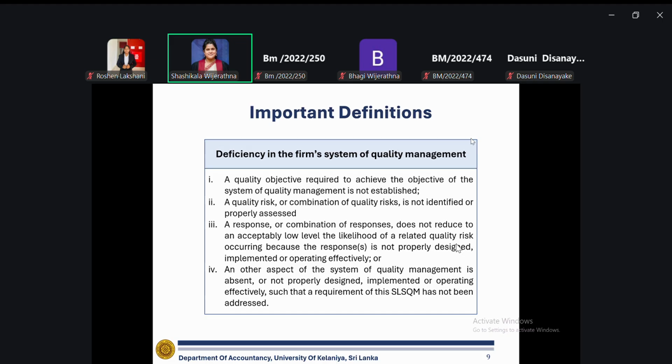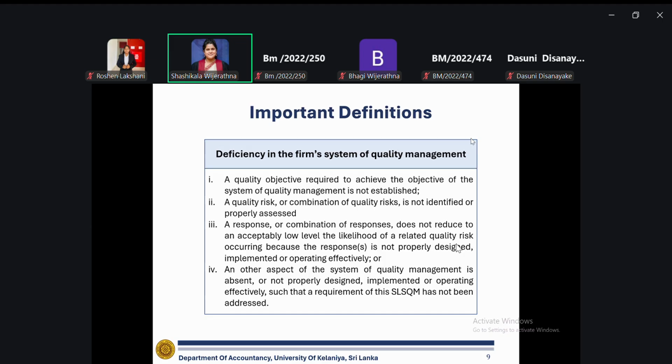So when it comes to a deficiency, what do we generally mean by a deficiency?